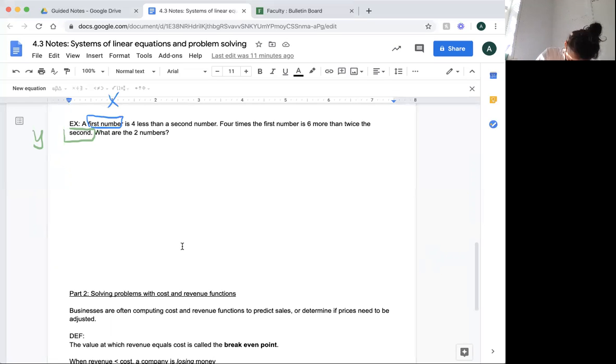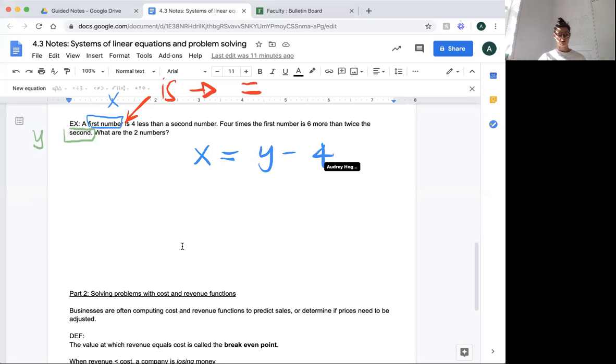Whenever you see is, that means equals. So that's a pro tip on translating words to math. So a first number, x, is 4 less than a second number. So that means we're going to have y minus 4. Okay, a first number is 4 less than a second number.